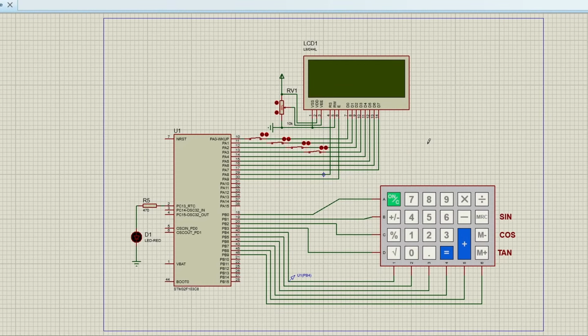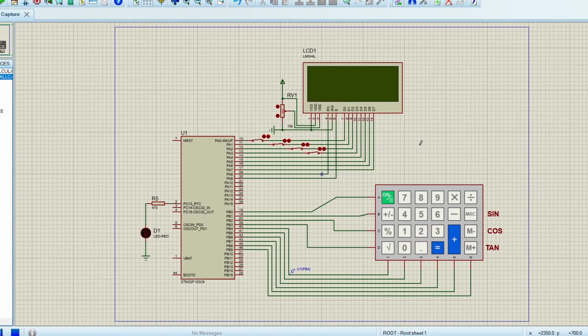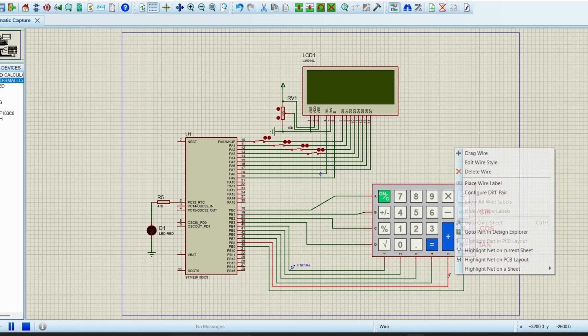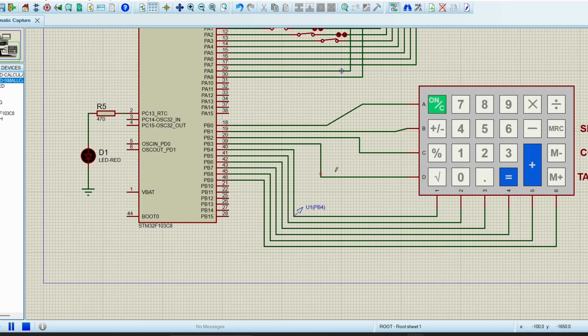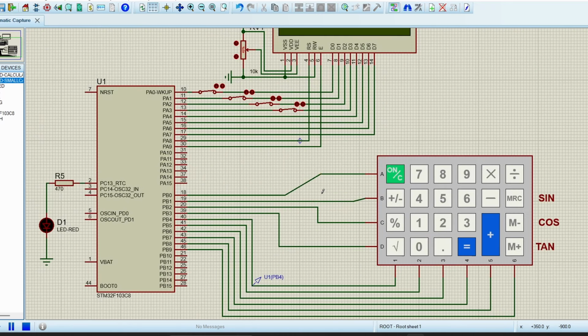The first thing that we need to do is connect the fifth column to PA8. Now I'll zoom into the connections.